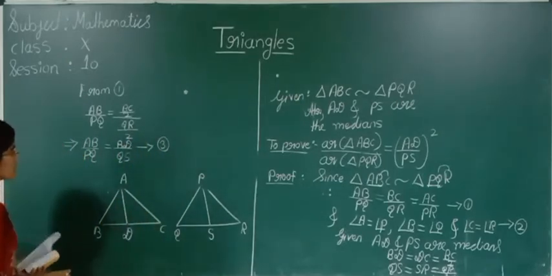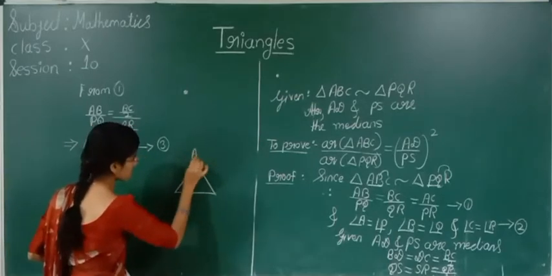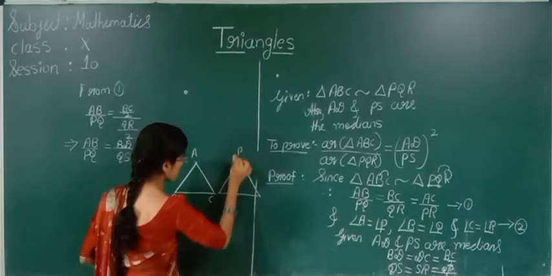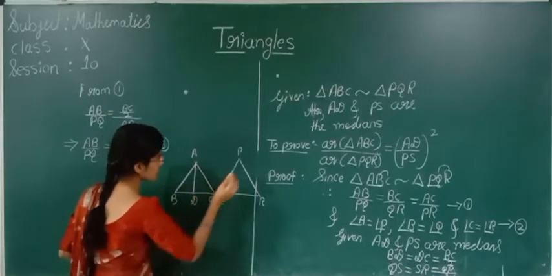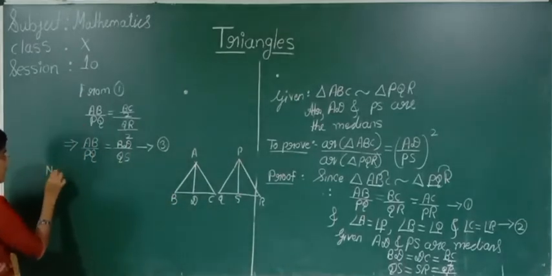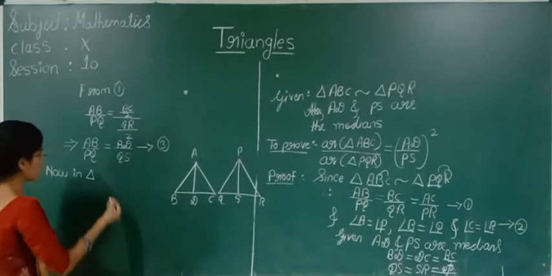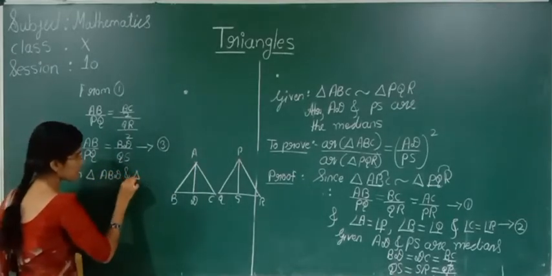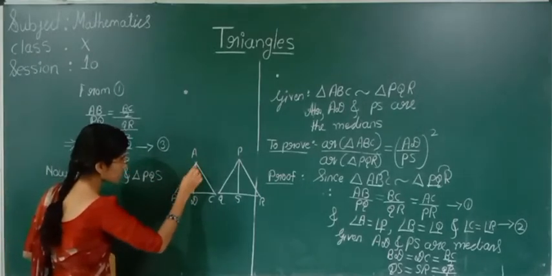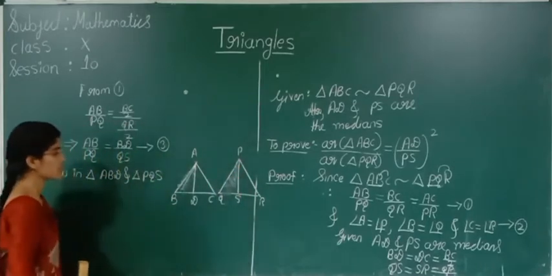Okay. Now see here, in triangle ABD and triangle PQS, in these two triangles, what is same here?